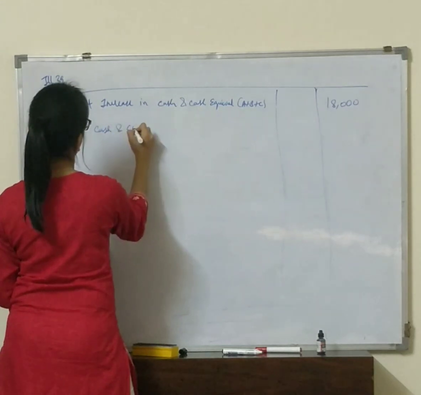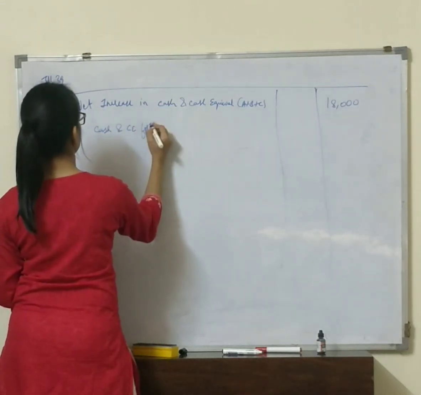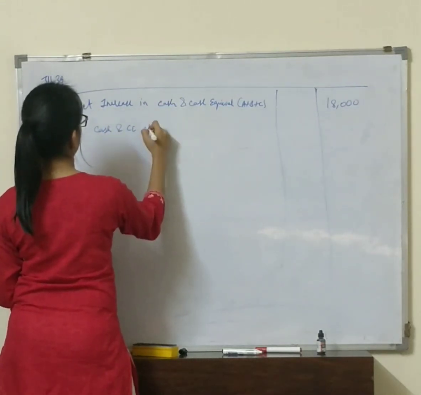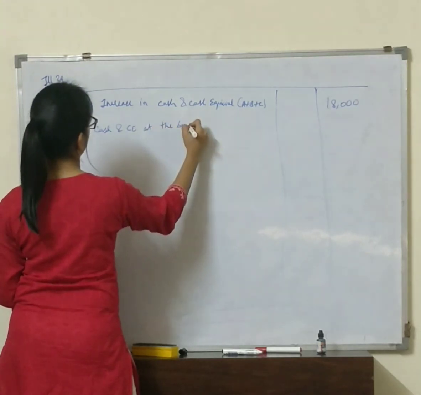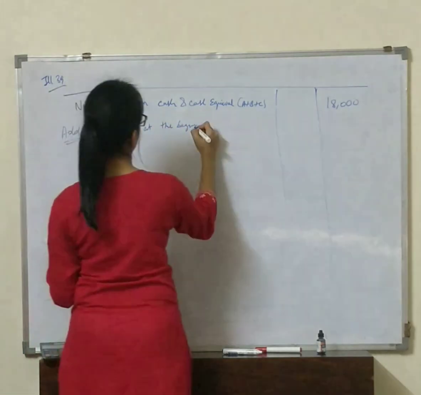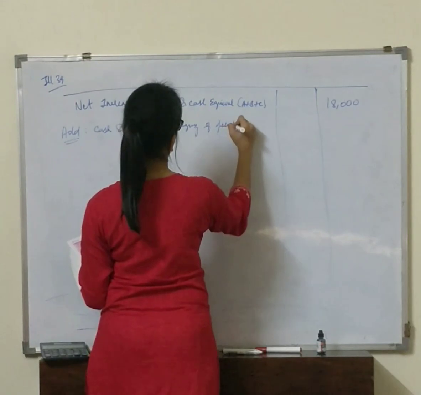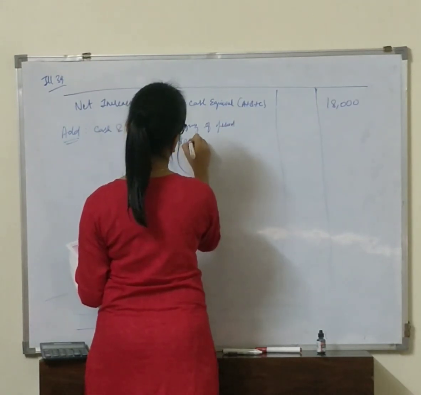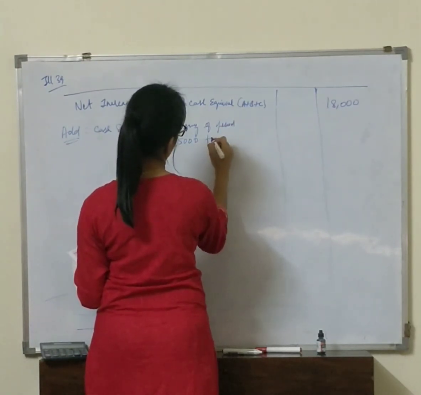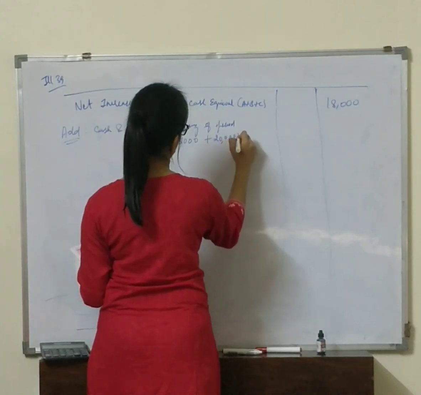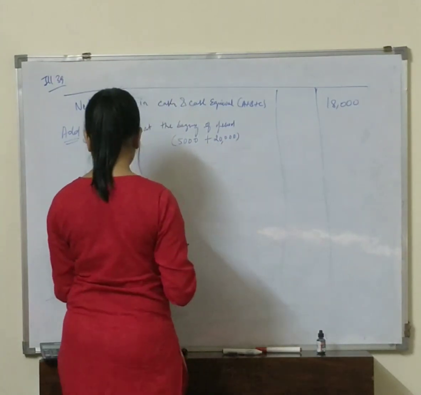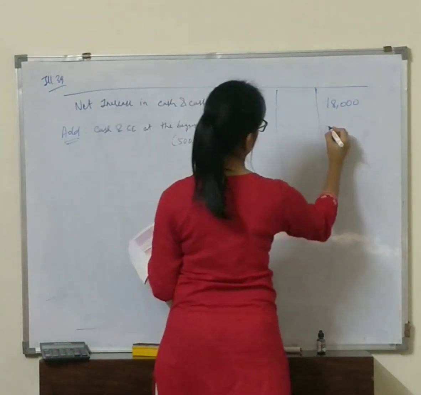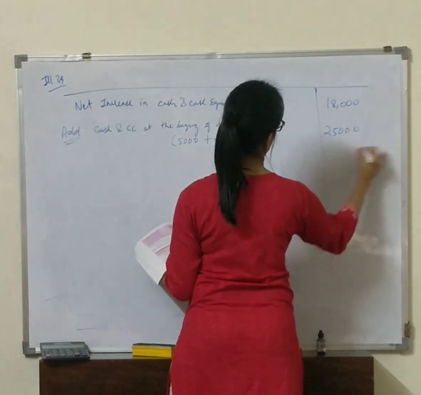To this 18,000 we will add cash and cash equivalents at the beginning. 5,000 is our cash and cash equivalent plus 20,000, that is our short term investment. So we get 25,000.